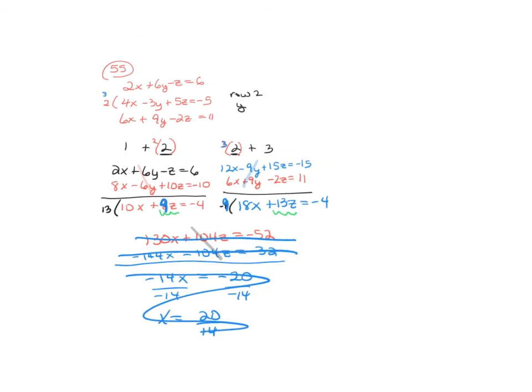All right, so 130x, 13 times 9 is 117. And then 13 times 4 is the negative 52. And now I'm going to distribute 9 times 18, and I get 162.